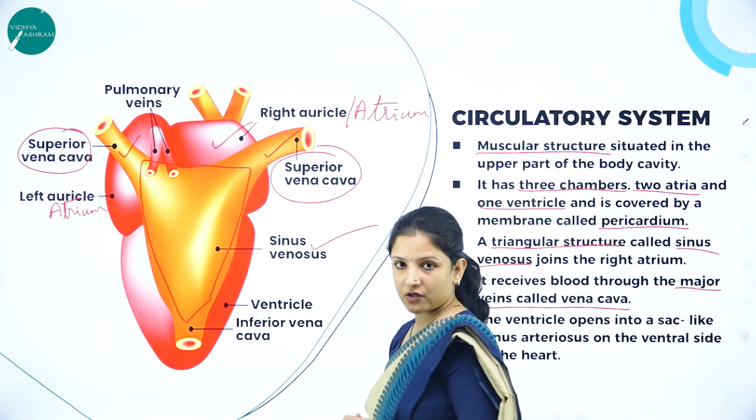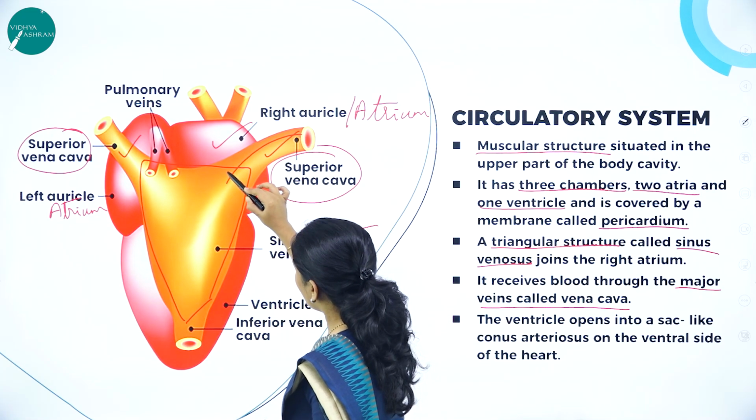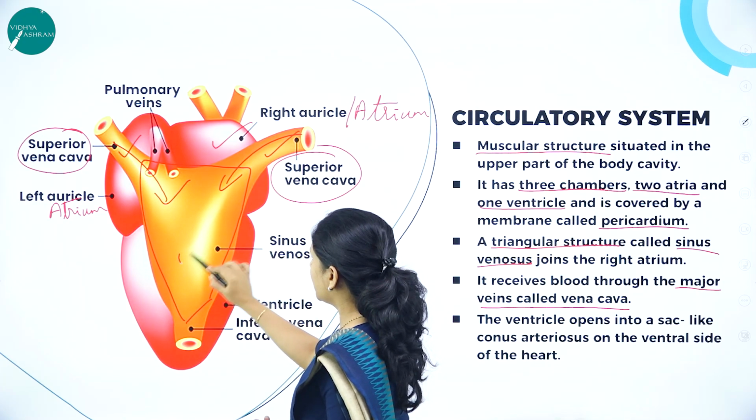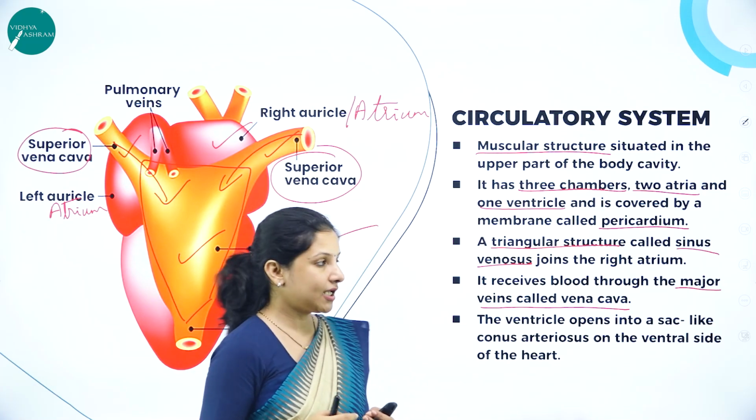These are the two major veins, the vena cava, which carry the blood. So all the blood will be received by the sinus venosus. So this is the region which is a triangular structure.